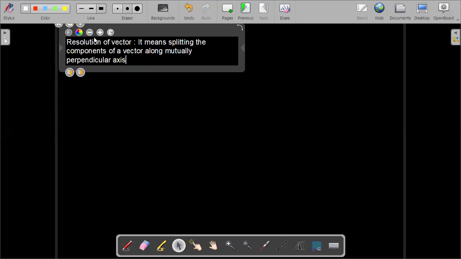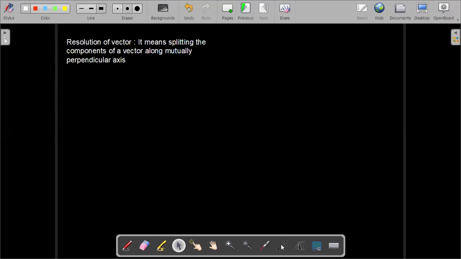So if we have any vector acting at a certain angle theta, any vector can be broken into two components such that their sum should again be equal to the resultant vector.